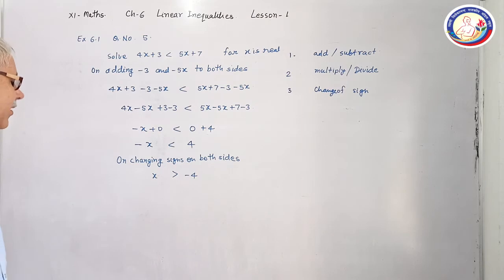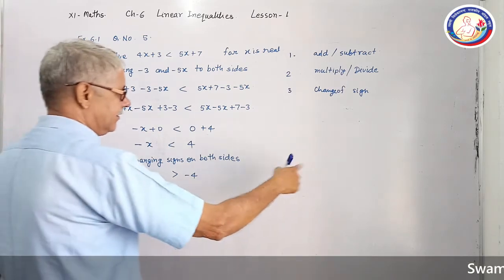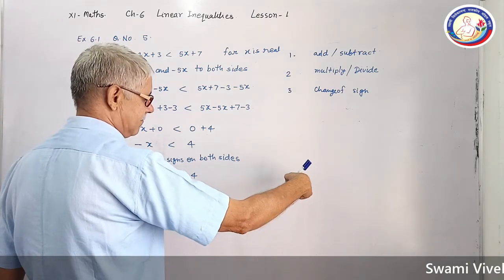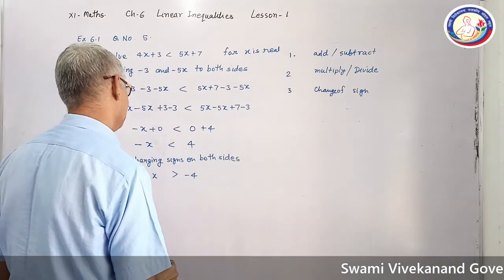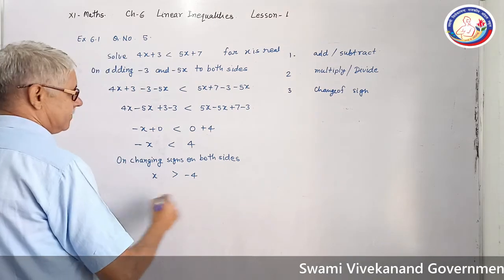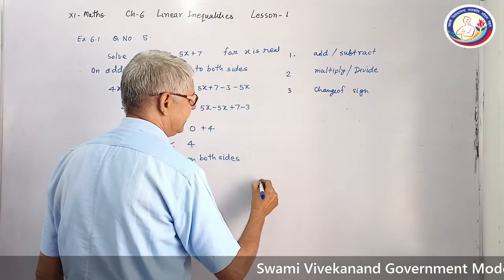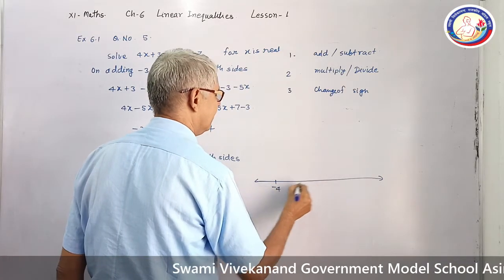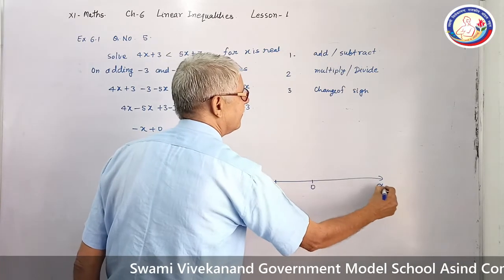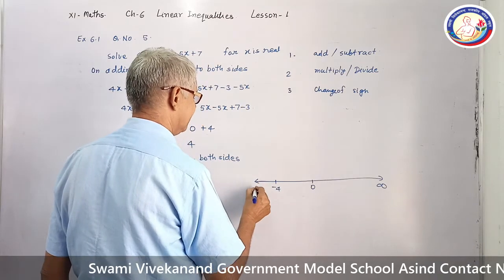So the value will be, as I already shown on the line, again I am repeating like this. This is minus 4, 0, this is infinite, and this is towards minus infinite.